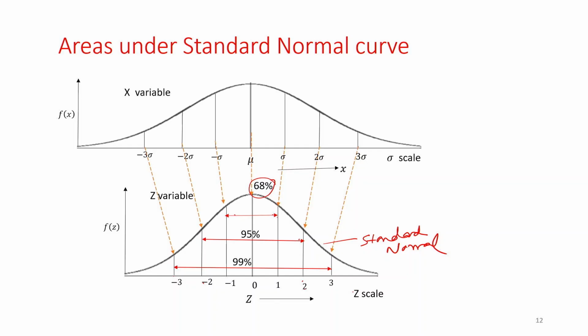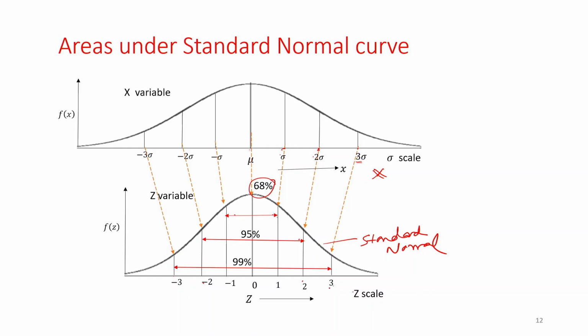And Z equal to 2 automatically means the 2 sigma limit. Z equal to 3 is equivalent to the 3 sigma limit for the X variable. So in terms of the sigma scale, this is 1 sigma, 2 sigma, 3 sigma. This point is 1 sigma away from the mean, this point is 2 sigma away from the mean, and this is 3 sigma away from the mean.